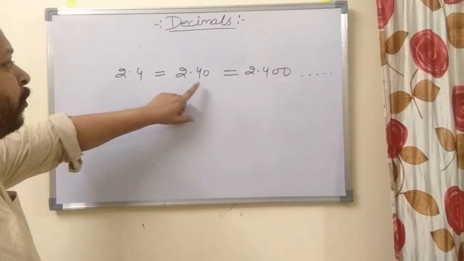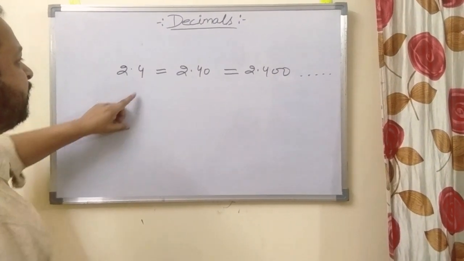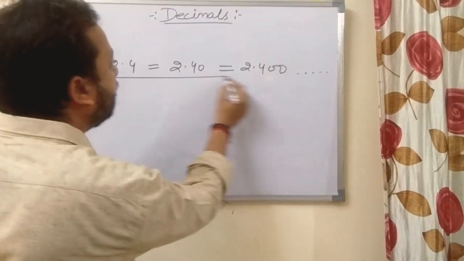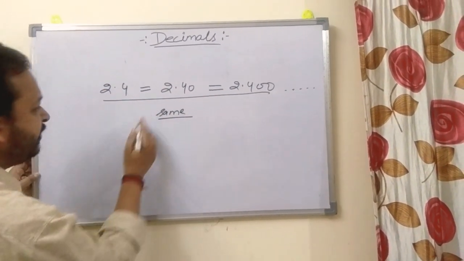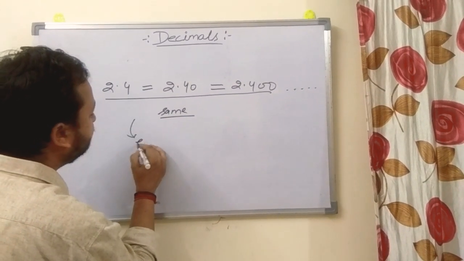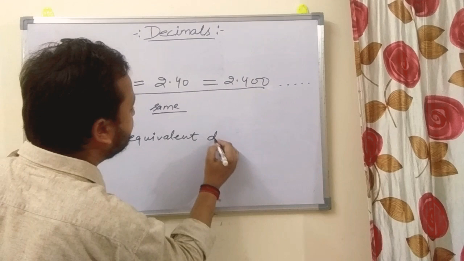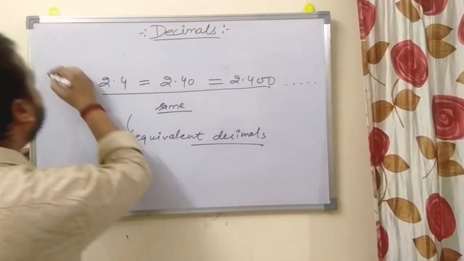So if you put 0 after the number at the extreme end of the decimal places, all are the same.